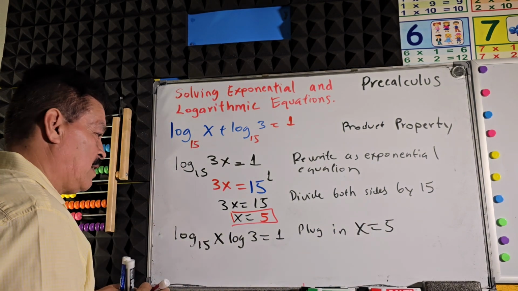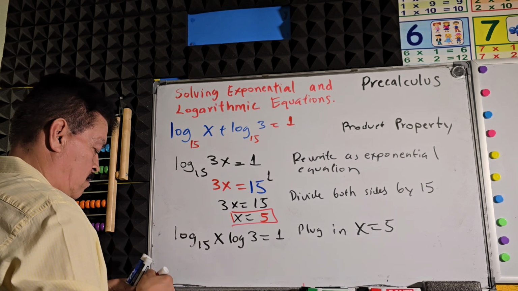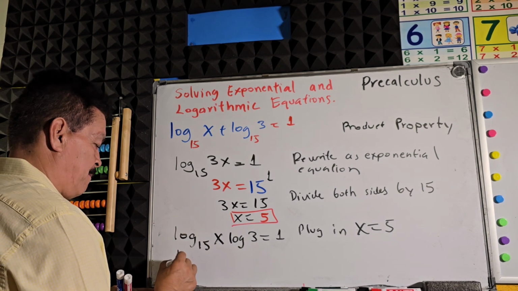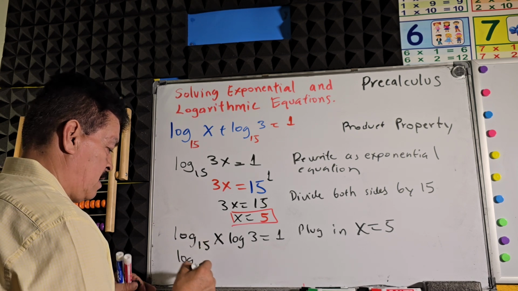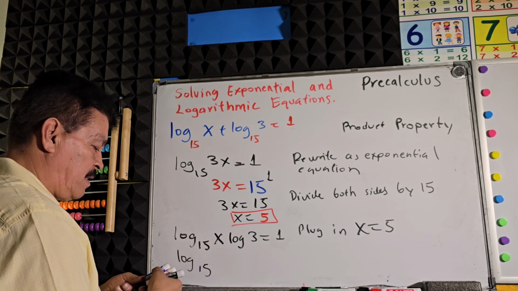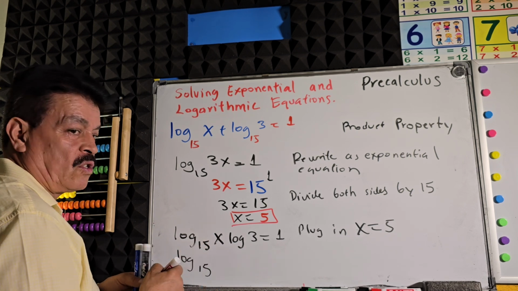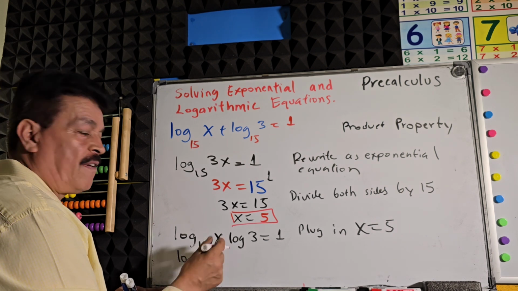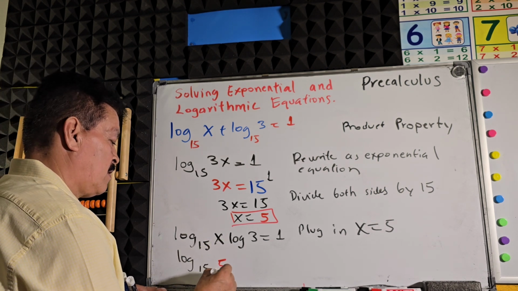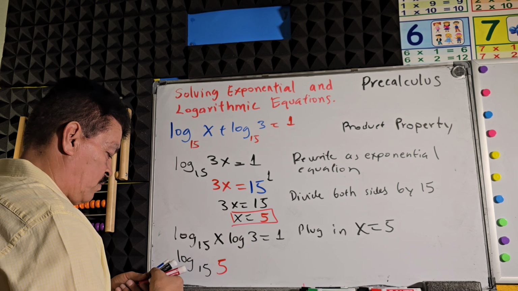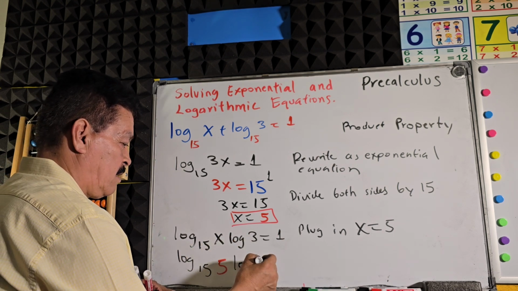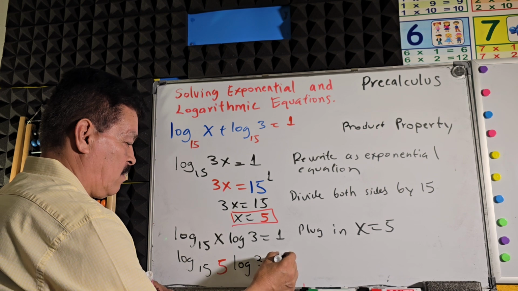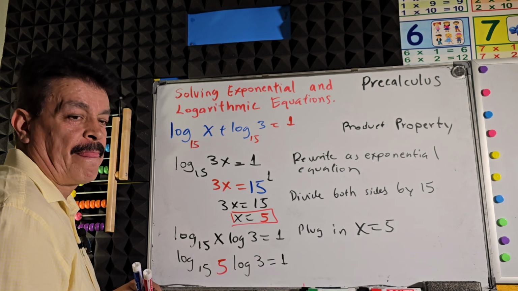Here we will have log base 15 of 5 plus log of 3 equals 1.